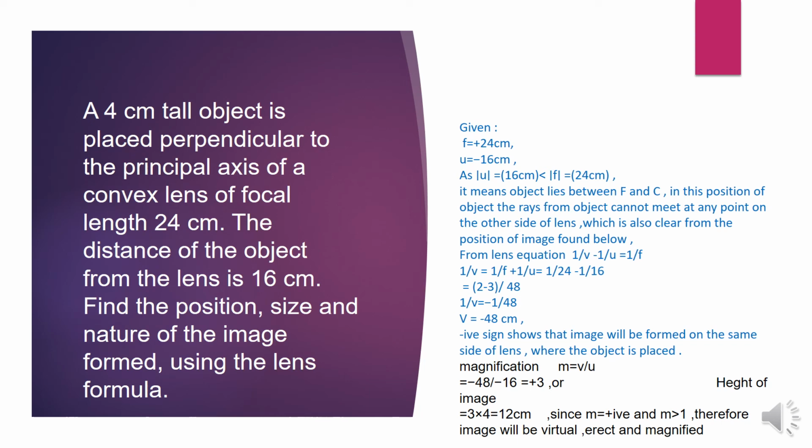And it is a magnified image because the m value is greater than 1. So you can say since the image is positioned on the same side of the object, it is a virtual image. So virtual, erect and magnified image.